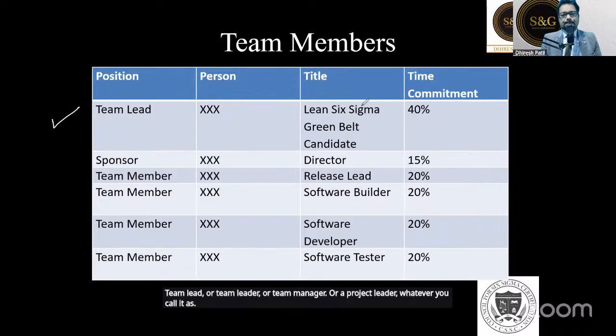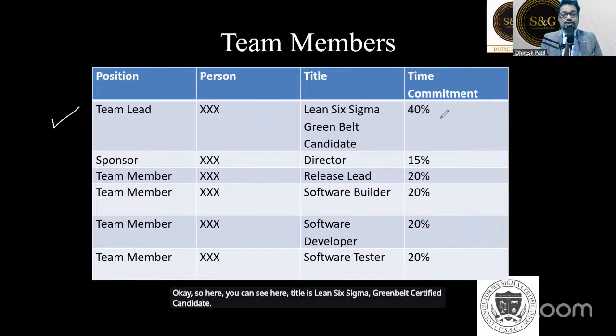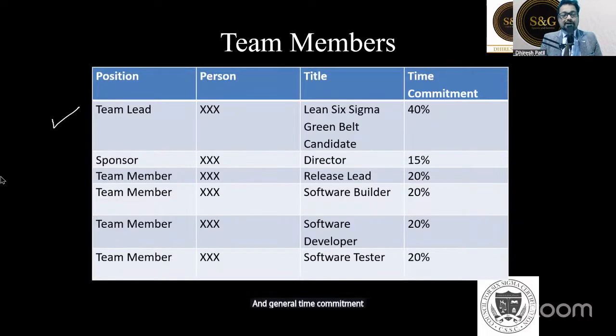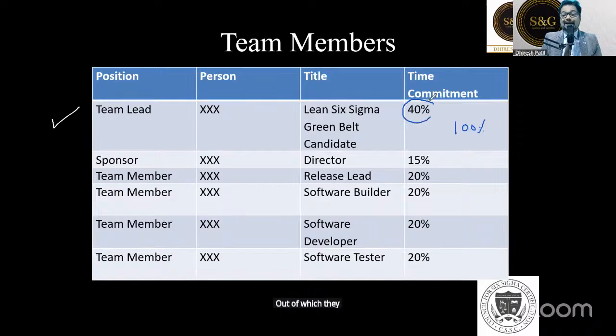Here you can see the title is Lean Six Sigma Green Belt certified candidate, and the general time commitment is 40%. What does 40% mean? Let's say this person gives 100% of his time every day in his work, out of which it is expected that the leader should focus 40% on the project.